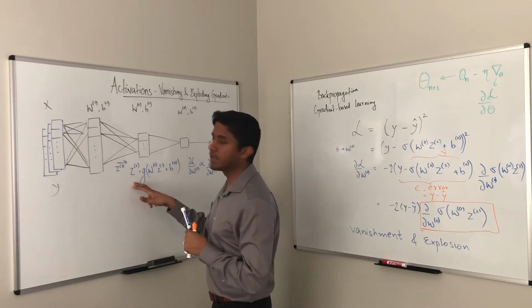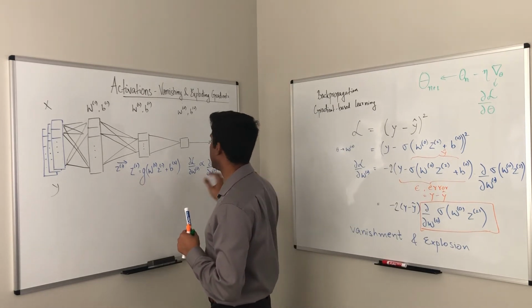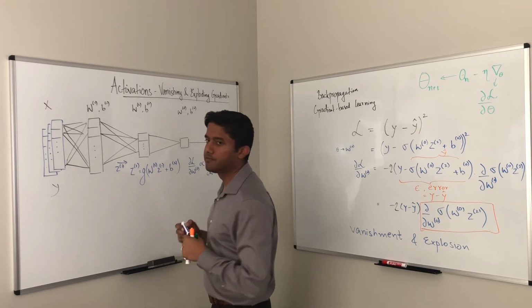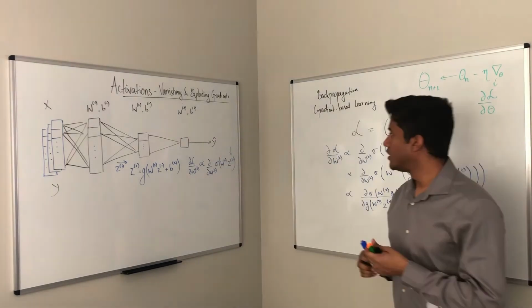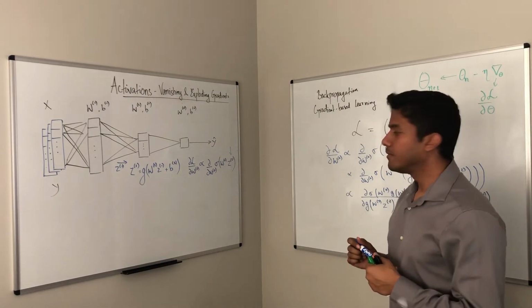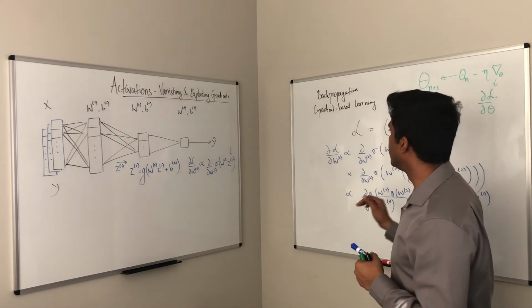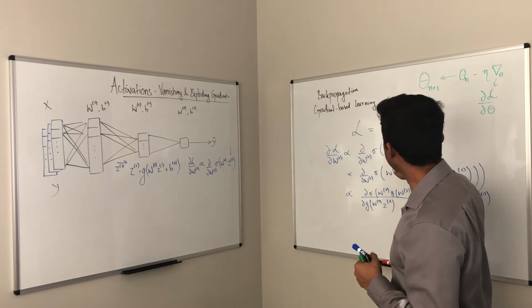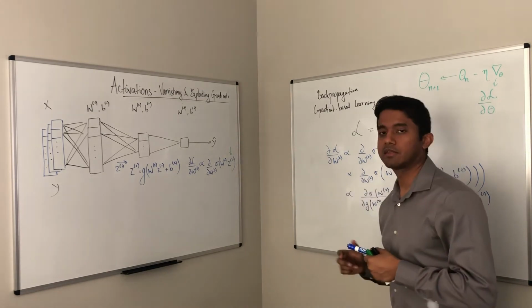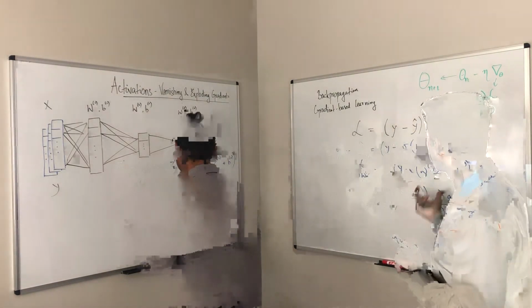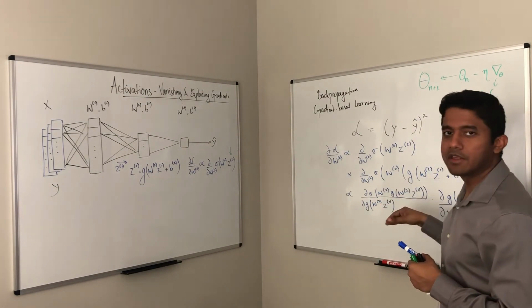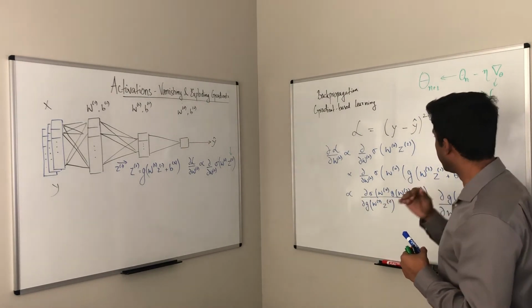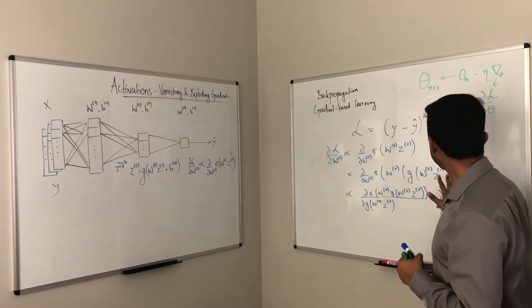When I plug the expression for Z2 in here, we'll get a longer expression. Let me write it down. So when I replaced the term for Z2 with what I'm expressing there, like this. And when you derive this further, you can refer to the chapter in the book.